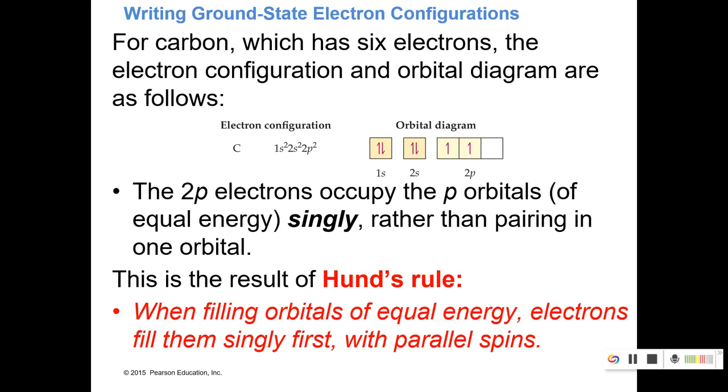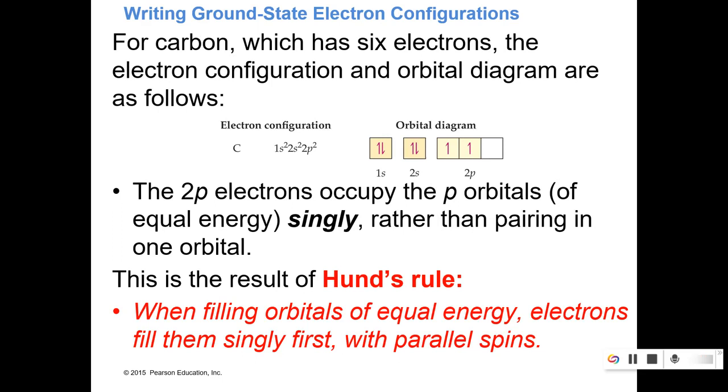Hund's rule is next. Remember, this is the bus seat rule. When you're filling the orbitals of equal energy, like P or D or S, because S only has 2 spots, you fill the electrons singly first. And I know that's kind of a weird word, but they go in bus seats. So there are 3 bus seats on the P block. They want to sit alone before they pair.